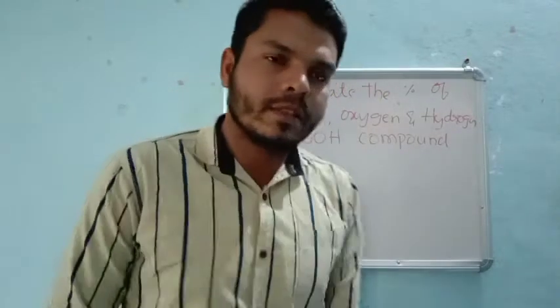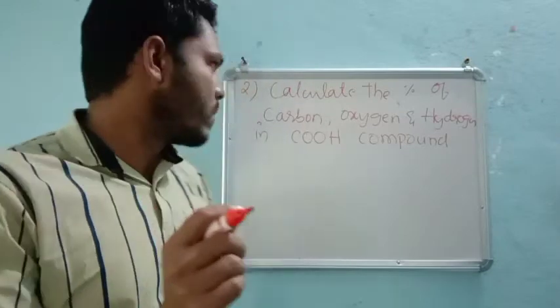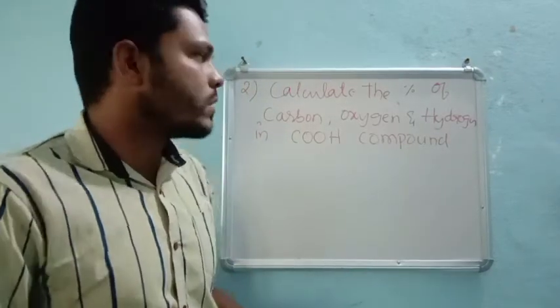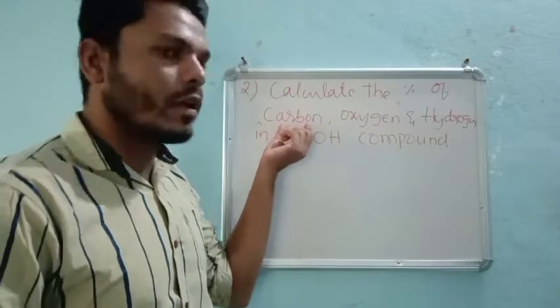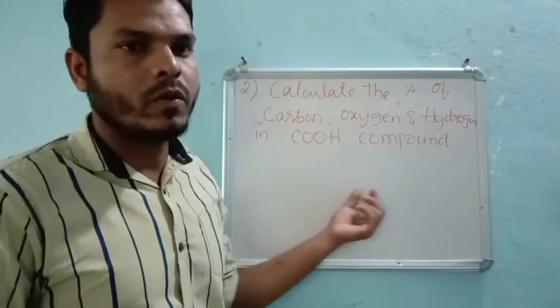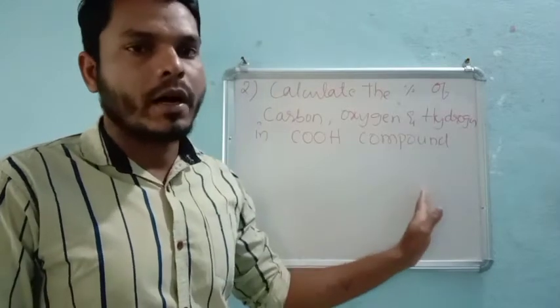So these are very simple. You go through the formula I have already given you, right? The percentage of an element, say carbon, is equal to the mass of carbon divided by the total mass of the compound, into 100, right?